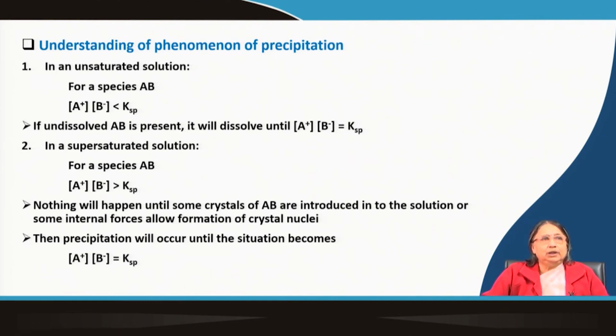For example, if you want to make crystals of something, say sodium chloride or sugar, you make a very saturated solution, which means almost a supersaturated solution. Then you put in a single crystal of that material, and you will see a lot of crystals coming. That is called seeding. So, you are disturbing the supersaturated solution so that it removes some salt from the solution to get just the saturated solution.